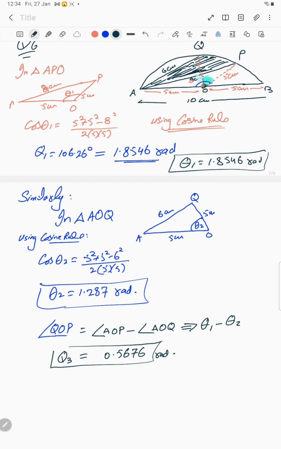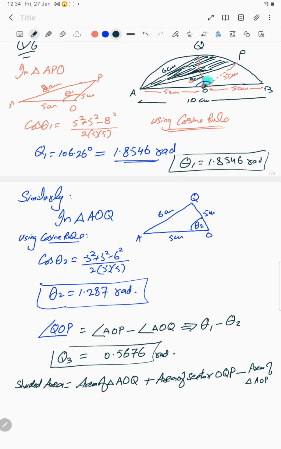Okay, now it's very much clear that as we are going to find the area and perimeter of the common region. So for the area of this one, we can say the shaded area will equal to area of triangle AOQ plus area of sector OQP minus area of triangle AOP.